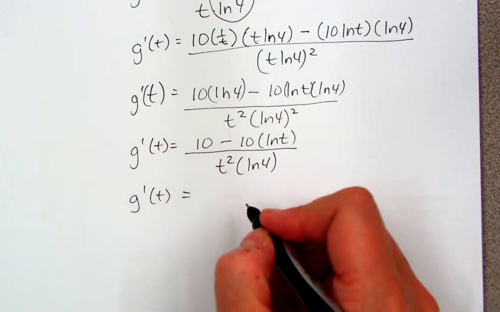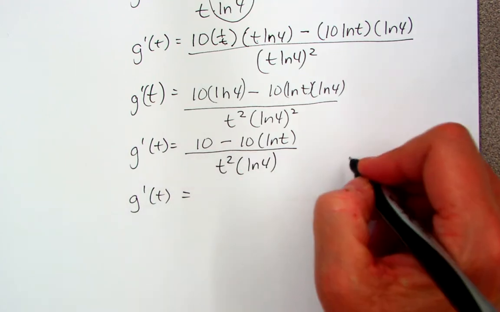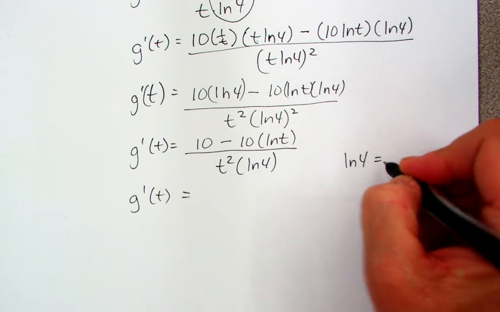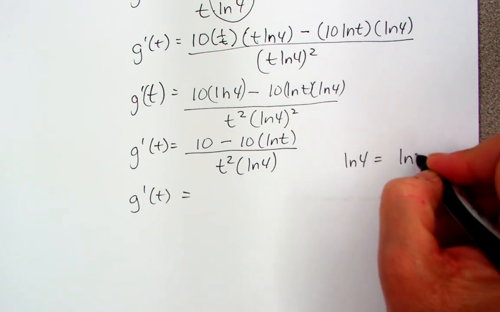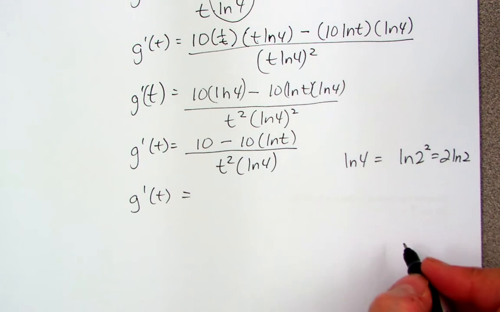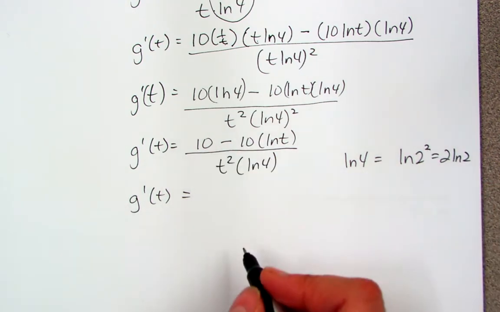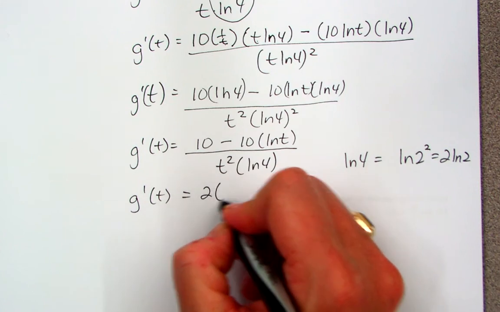What else could I do? The natural log of 4 can be rewritten as natural log of 2 squared, which is 2 natural log of 2 using the power rule. If I take out that 2, then I can factor a 2 out of the numerator as such.